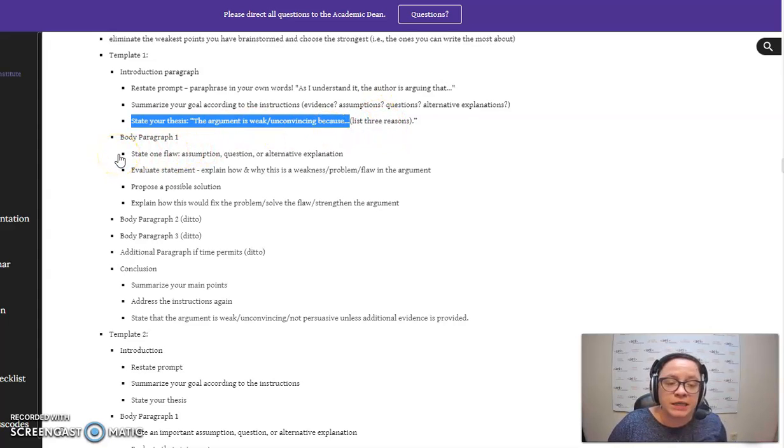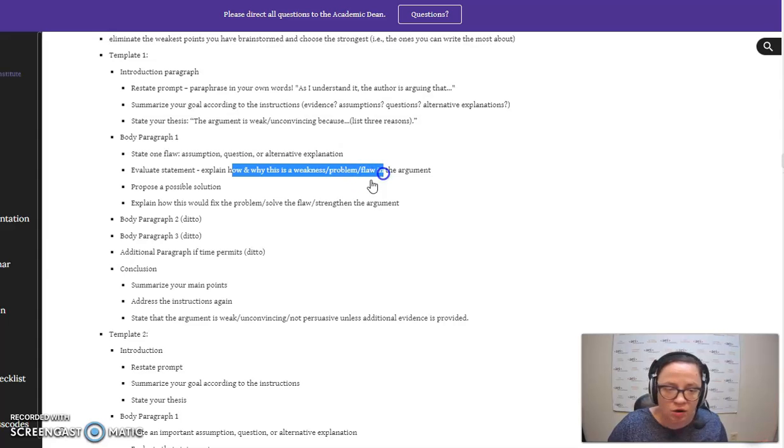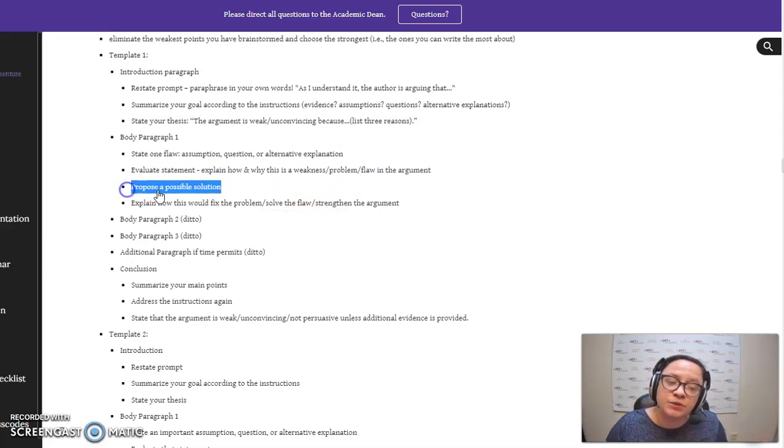So the process I personally like to follow is in this first template. I state what the flaw is, whether it's an assumption, an unanswered question, or a possible alternative explanation. I evaluate that statement: how and why is this a weakness, a problem, or a flaw in the argument? I propose a possible solution. This question could be answered if we had a survey or if we had more data about this group or something like that.